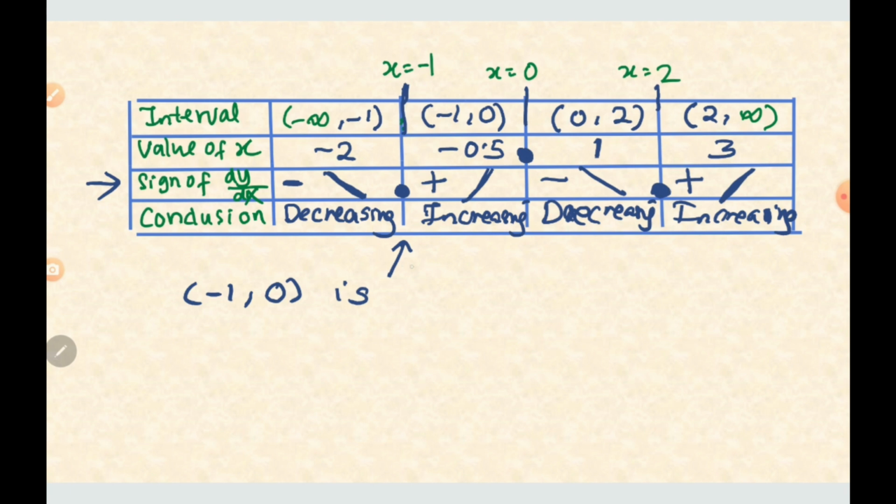So I will combine these two values, negative 1, 0 and 2, negative 27, are the minimum points.